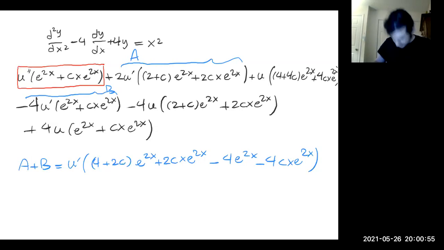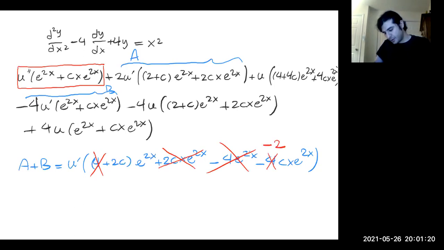Yes, that would be it. So let's see. This 4 e to the 2x cancels this 4 e to the 2x here, right? And then this 2cx e to the 2x cancels just two of these minus 4. So we would get minus 2cx e to the 2x.